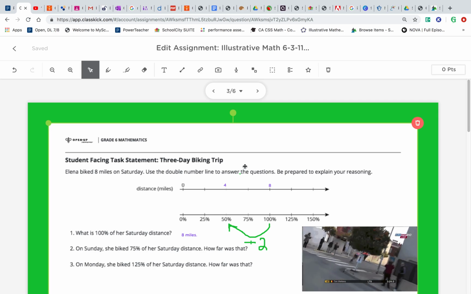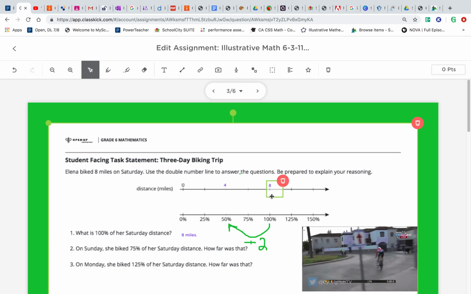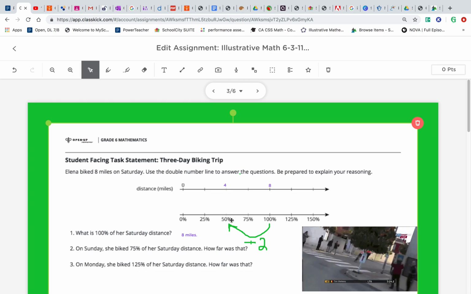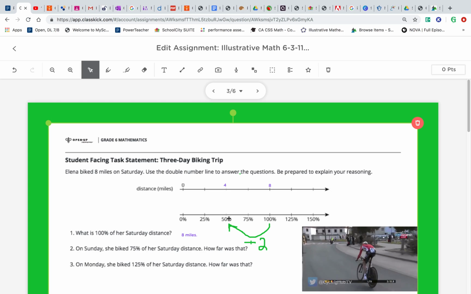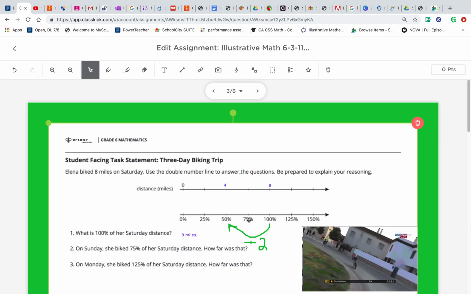All right, and then let's see if we can make a little bit better sense of what's happening here in the number line. We have 4, and then we skip 1, and then we have 8. Okay, we look at the percentages here. From 50% to 100%, we're doubling that. Can you see how 75% really is halfway in between 50 and 100?